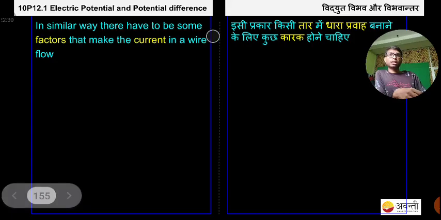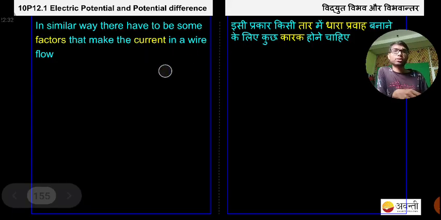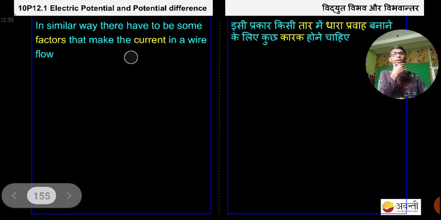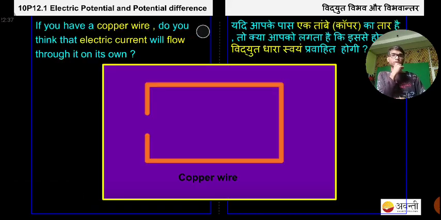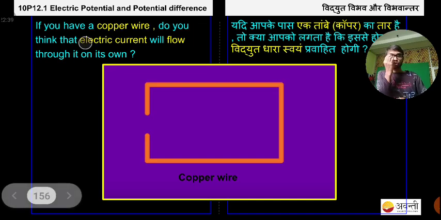In a similar way, there have to be some factors that make the current in a wire flow. Here, if you have a copper wire, do you think that electric current will flow through it on its own?